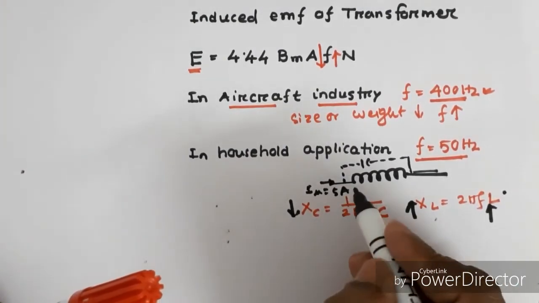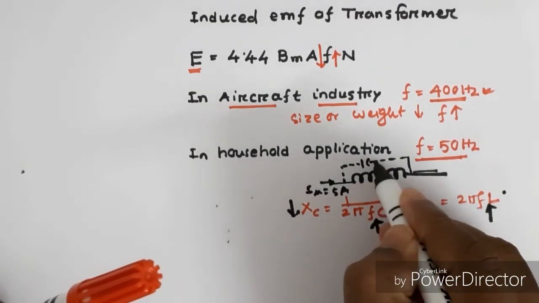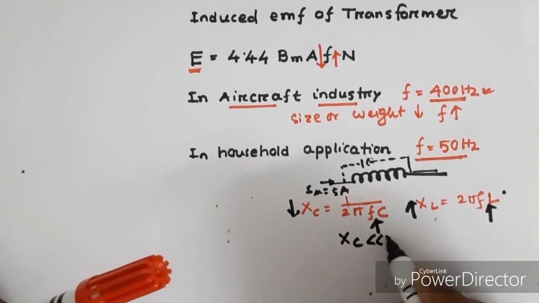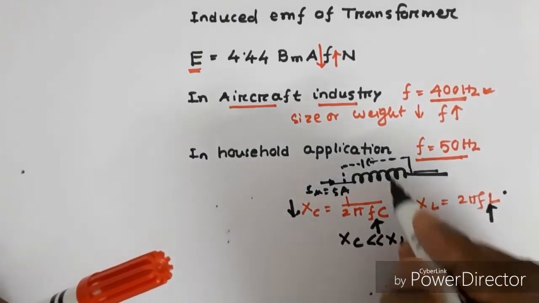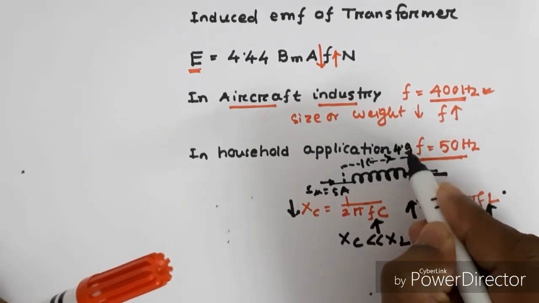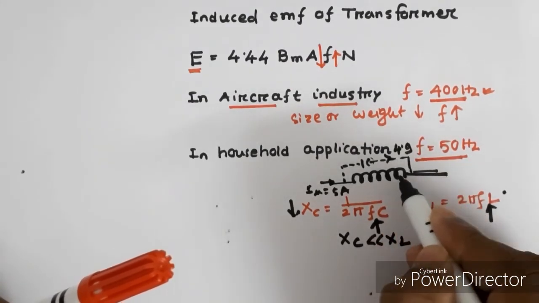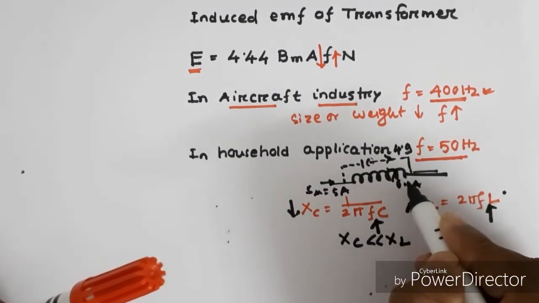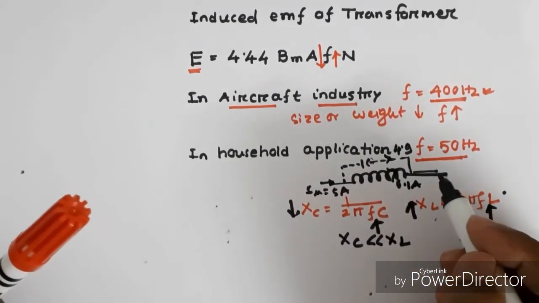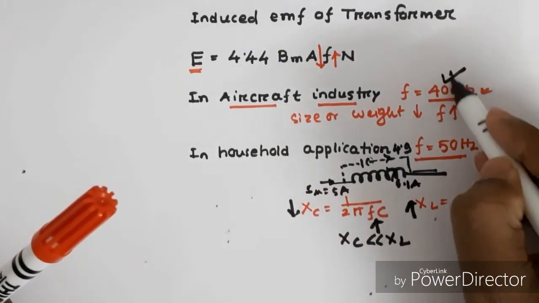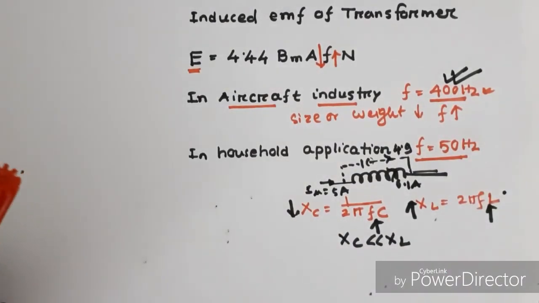Since Xc is very less compared to XL, maximum current, 4.9 ampere, will pass through the capacitance. Only 0.1 ampere will pass through the coil, and the transformer will not operate properly. Therefore, we maintain an optimum value of frequency like 400 Hz.